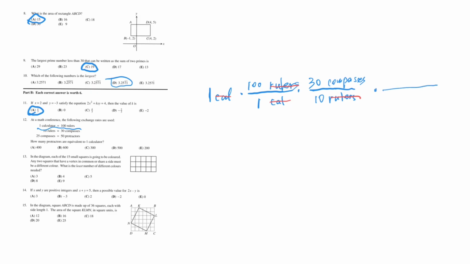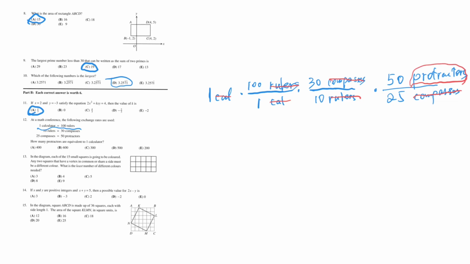So compasses, that's the 25 compasses, equal to 50 protractors. Now we can cancel the compasses. Right now, we just leave the protractors.